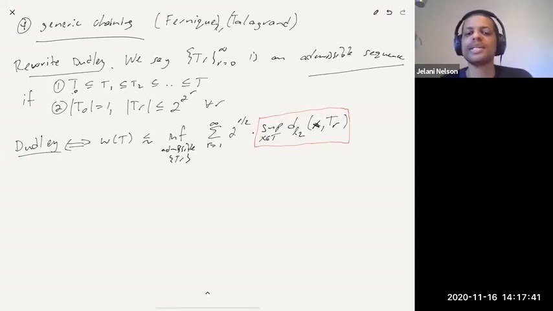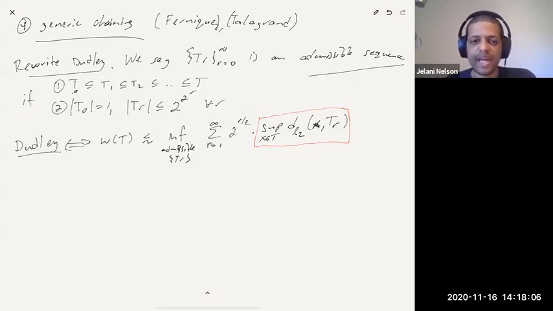It's the epsilon such that T_r is an epsilon net. And what is 2 to the r over 2? 2 to the r over 2 is just square root log the size of T_r. Right? So this looks a lot like the sum over a sequence of nets, the epsilon of that net times square root log the size of the net. That looks a whole lot like Dudley.